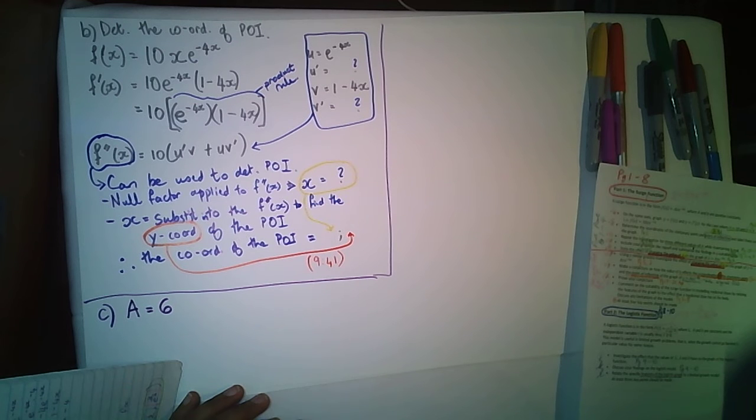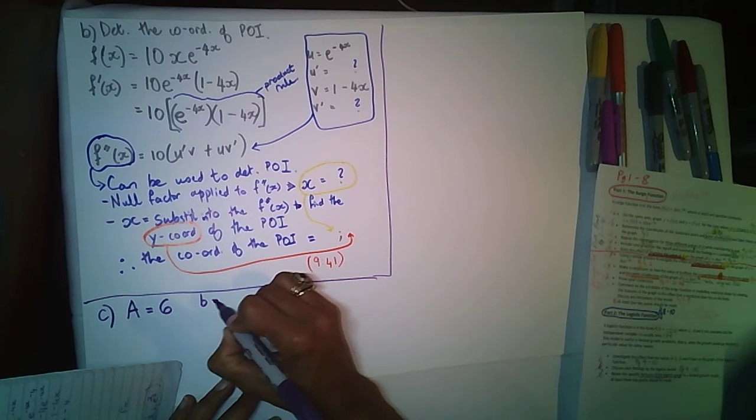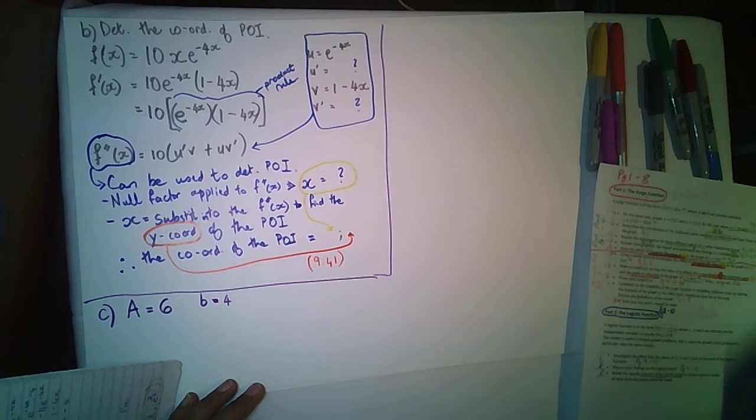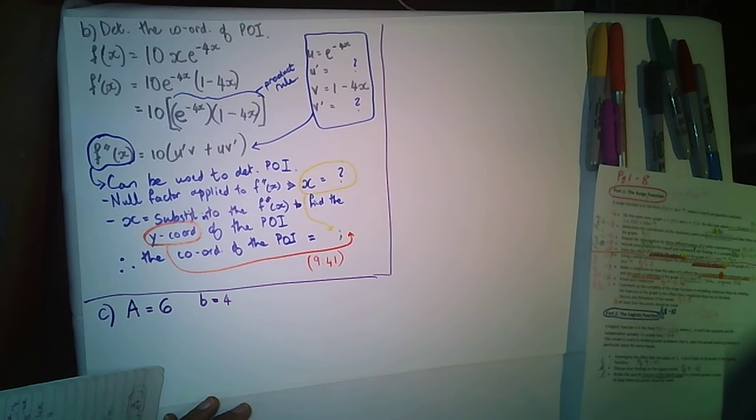They had in the original sum an a value of 10. So I'm going to now change it to an a value of 6, and as per instruction, keep the b value at 4. And we're going to essentially go through the same process of finding the stationary point and the point of inflection.